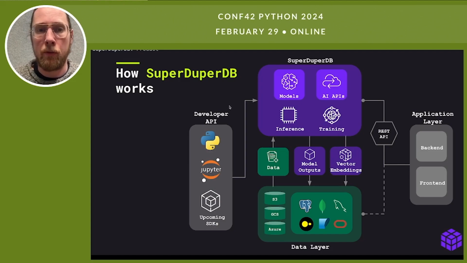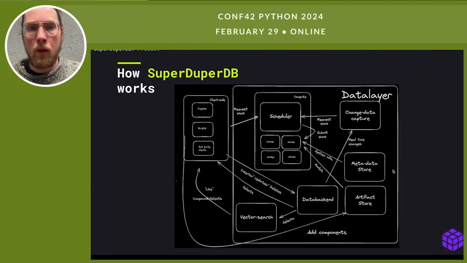And developers can interact with the system from Jupyter notebooks, Python scripts, as well as we're working on other SDKs. So this will come in hopefully the upcoming months. And we also are working on a REST API so that you can easily integrate this with your applications downstream. You can also easily interact with this, since we're Python first, with FastAPI.